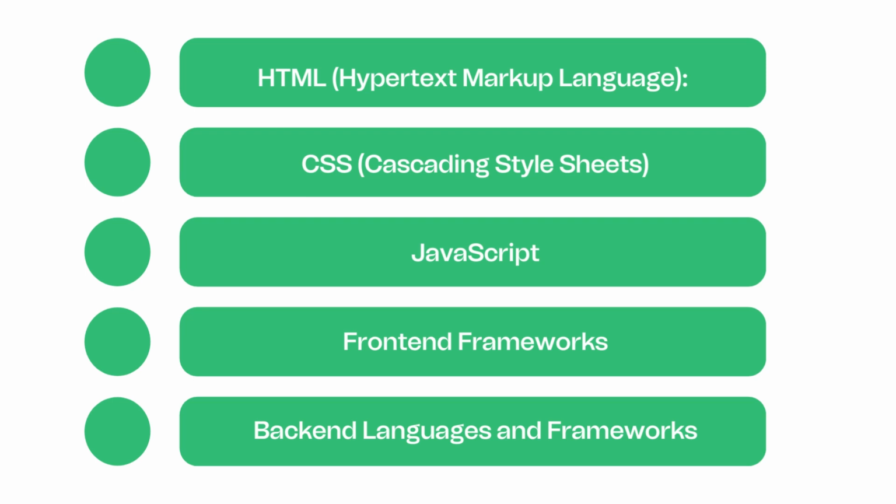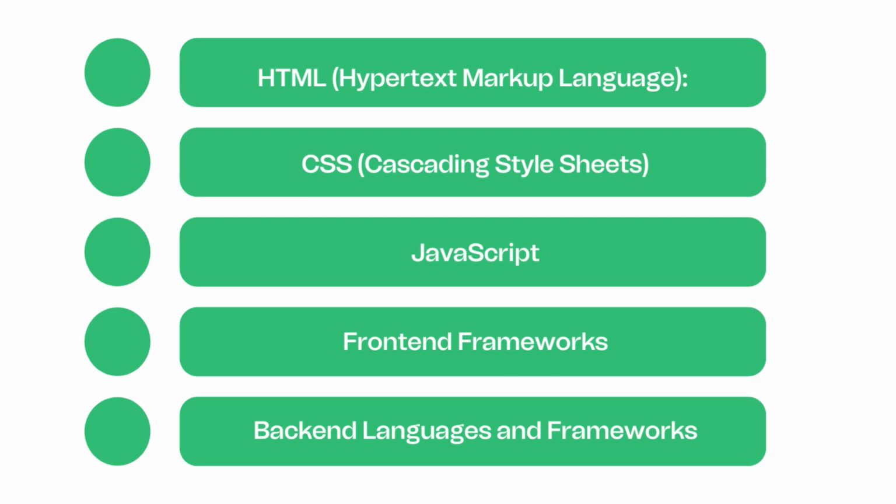Now, there's several different software to use in order to code front-end frameworks, one being Visual Studio Code. You also have back-end languages and frameworks. So not only do you have front-end, of course there is back-end as well.